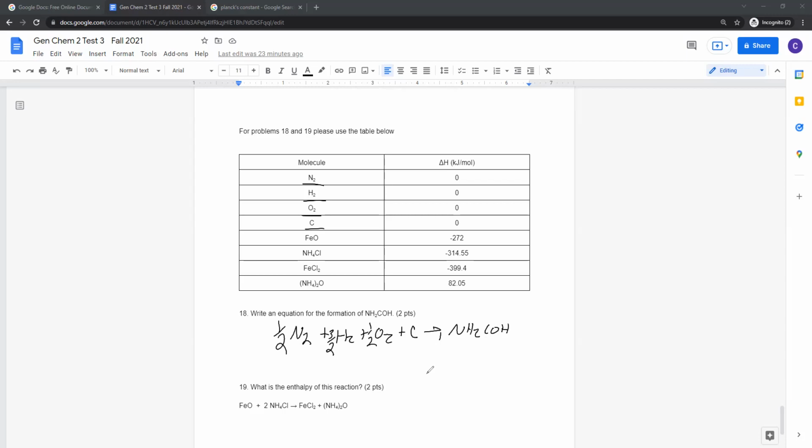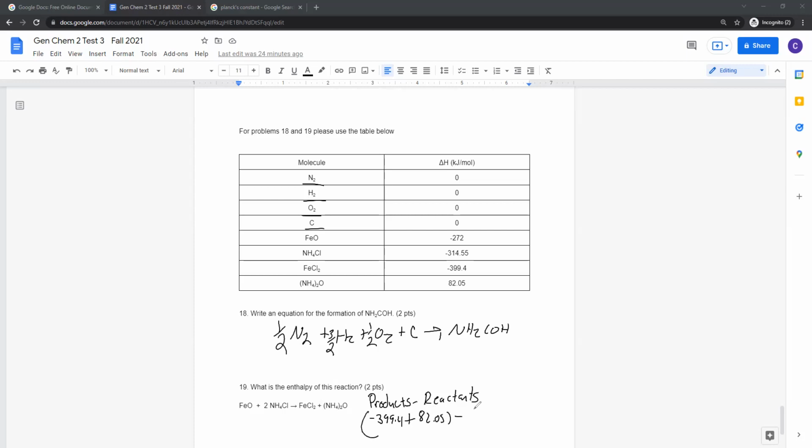Next, we have what is the enthalpy of reaction. That comes from these delta H numbers. And it's always going to be products minus reactants. So you add up everything on the product side minus everything on the reactant side. So FeCl2 is minus 399.4 plus NH4Cl2, 82.05.